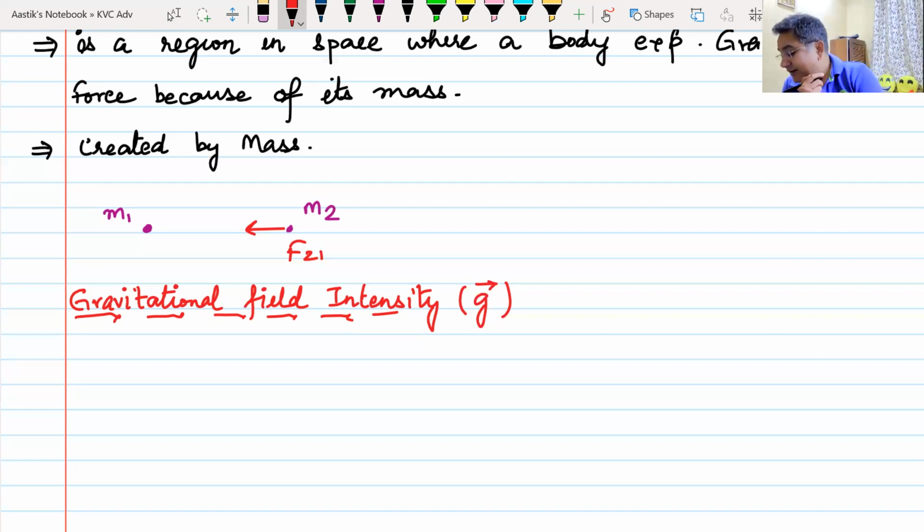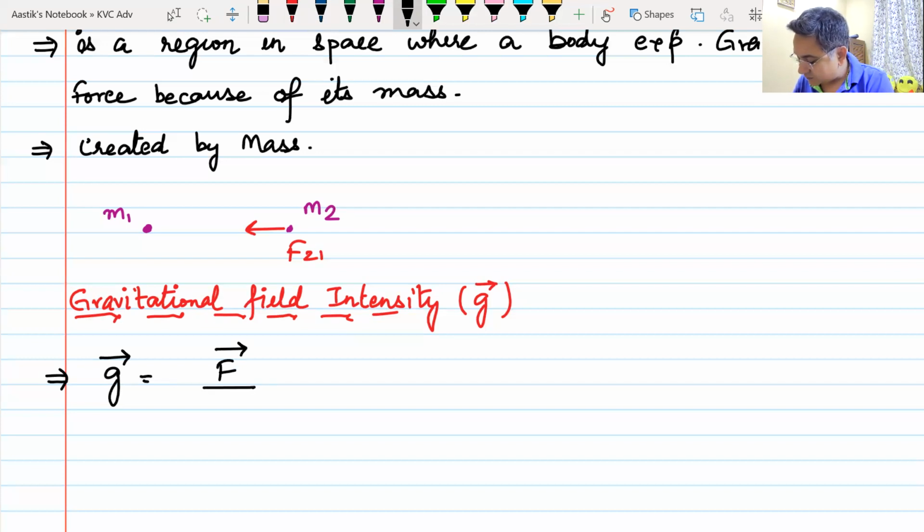Now, how do you find the gravitational field intensity or the value of this g vector? The intensity of gravitational field, or the magnitude of gravitational field at any point, is given by the force experienced per unit mass, and I have to make this mass very small.